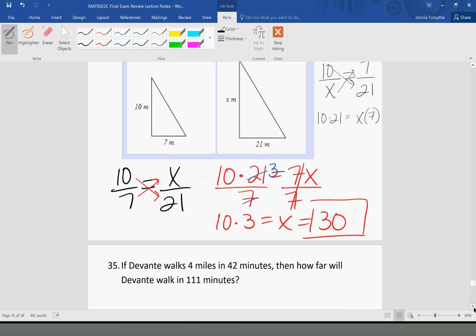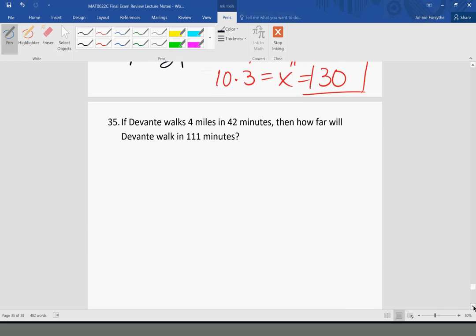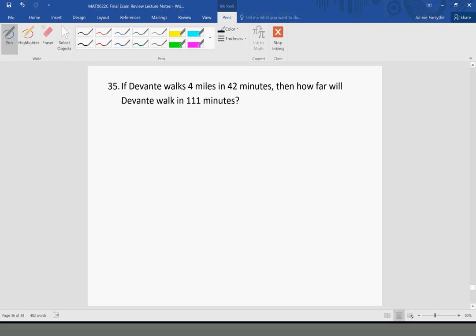Okay, this next question is another proportion problem. If Devontae walks 4 miles in 42 minutes, then how far will Devontae walk in 111 minutes? So, if we compare miles over minutes, let's set this up.